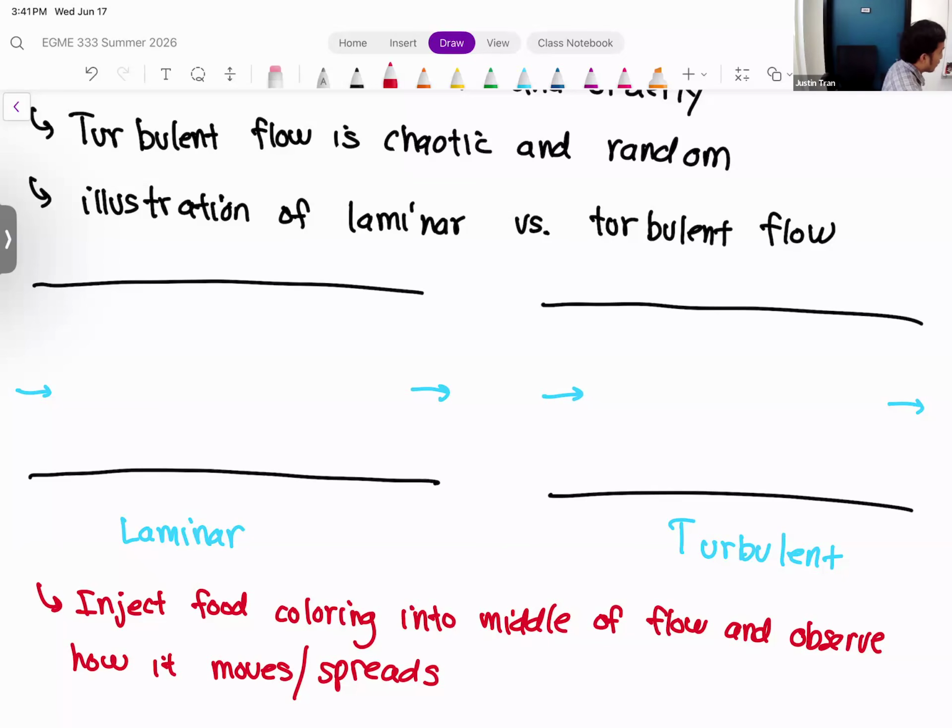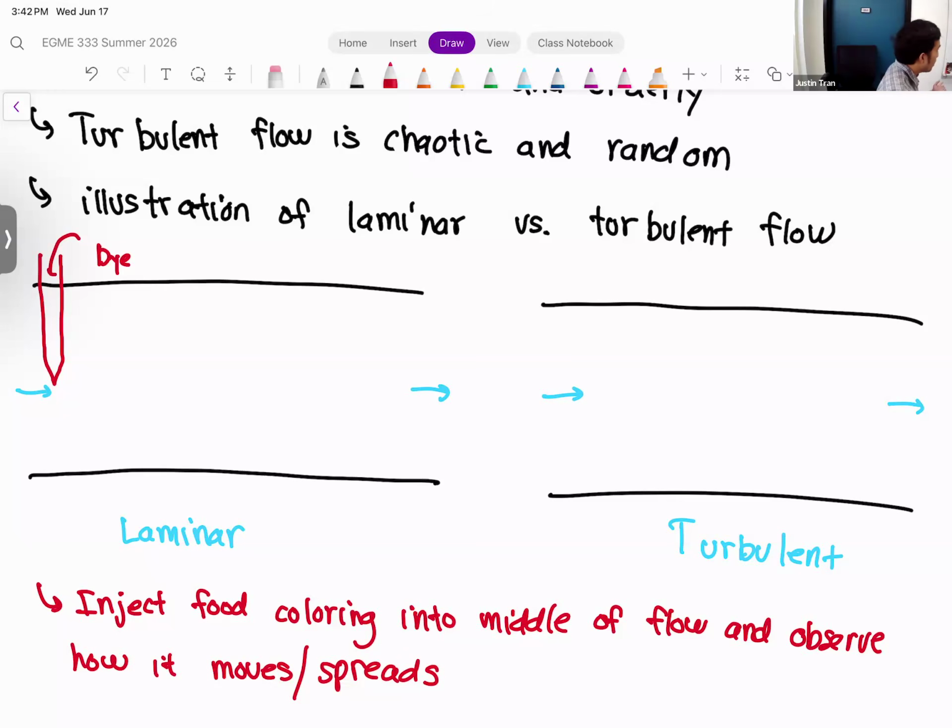Right, so if you inject food coloring, let's say we have a syringe, a needle coming like this, and through that needle, we're going to inject the food coloring, or a dye. All right, so a couple things are going to happen when you inject that dye.